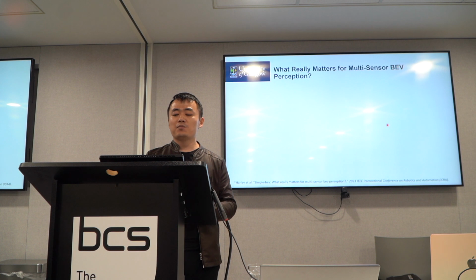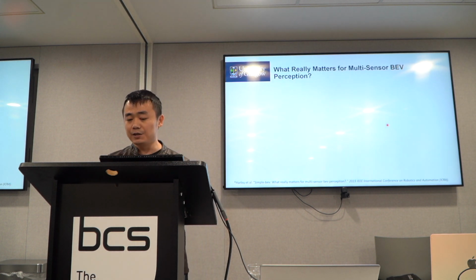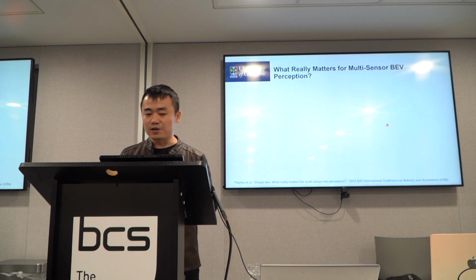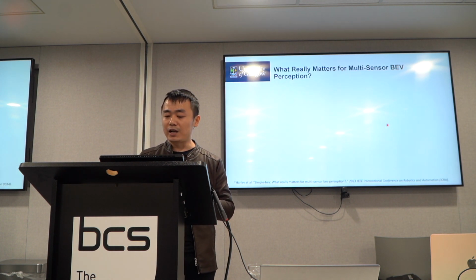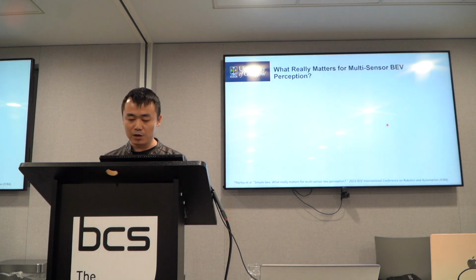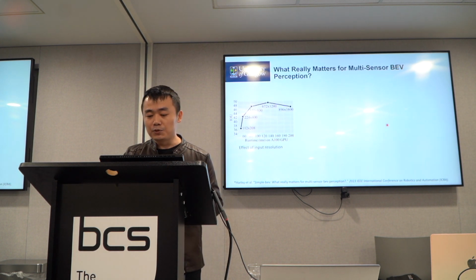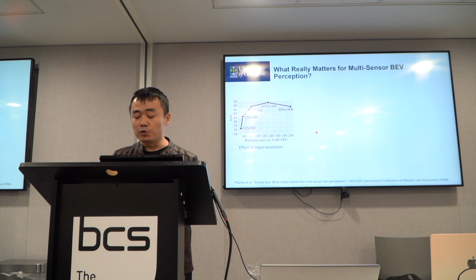With this multi-sensor BEV perception framework, we can investigate some very interesting things, like what really matters for multi-sensor BEV perception. Some important factors, for example, the input resolution for the multi-view images.